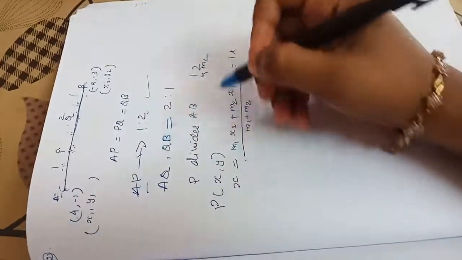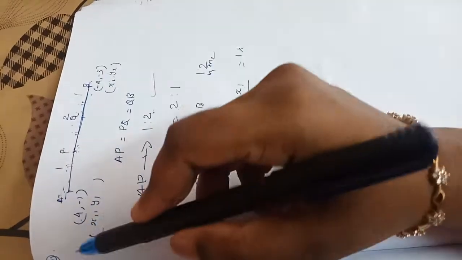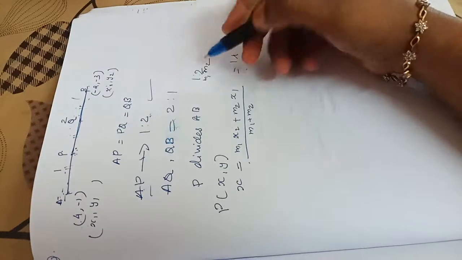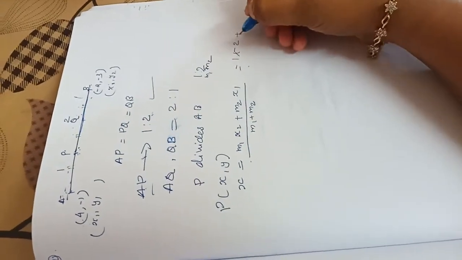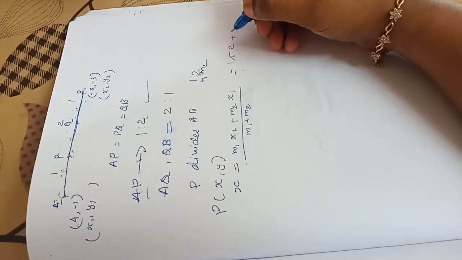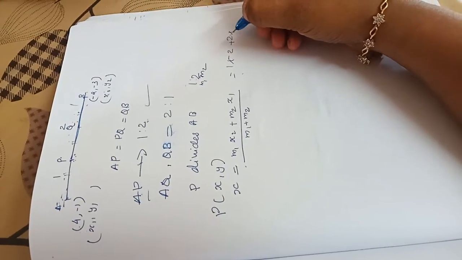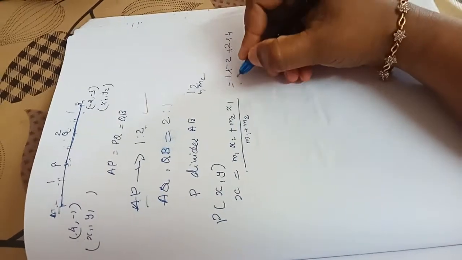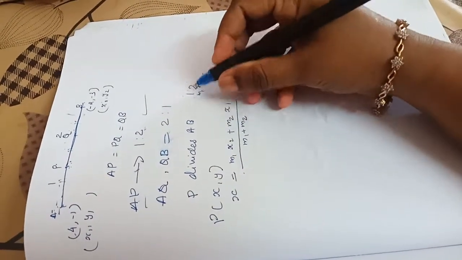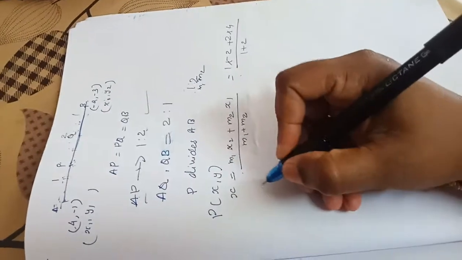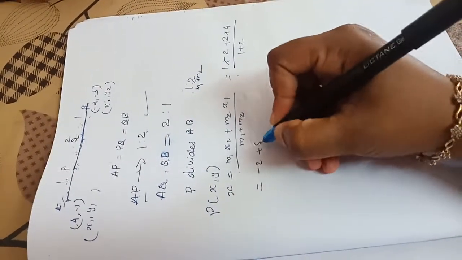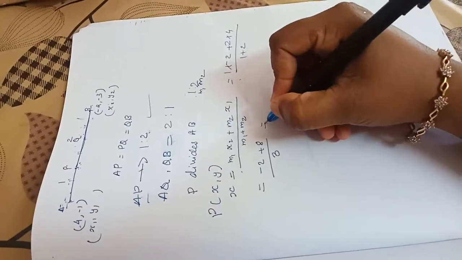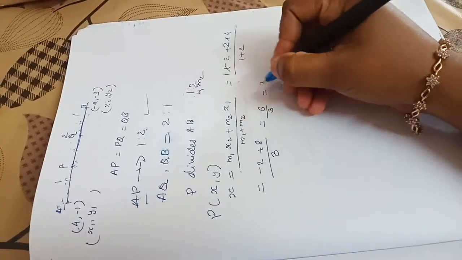So m1 into x2, x2 is minus 2, plus m2 is 2, 2 into x1, and x1 here is 4, divided by m1 plus m2, 1 plus 2. So 1 into minus 2 plus 8 divided by 1 plus 2, which is 3. So minus 2 plus 8 means 6 divided by 3 is equal to 2.